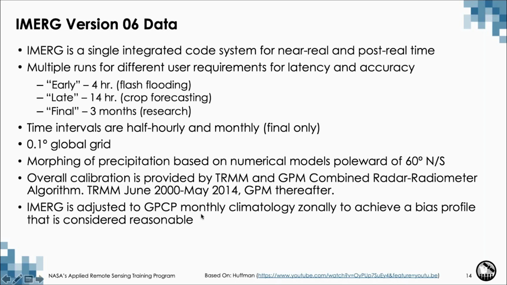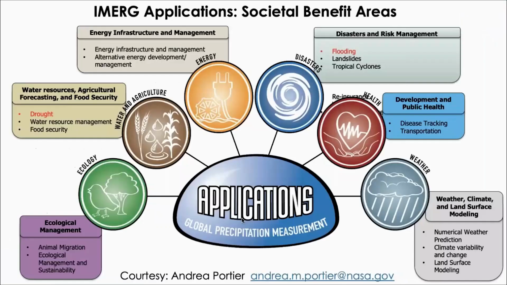And finally, it is adjusted with GPCP climatology, as shown here too, to remove biases in the data. iMerge has been used for many applications, as you can see, from ecology, water and agriculture, energy, disasters, health, and weather. You can get more information about these different applications from the GPM application training site. We're going to focus on drought and flood based on long-term precipitation analysis.